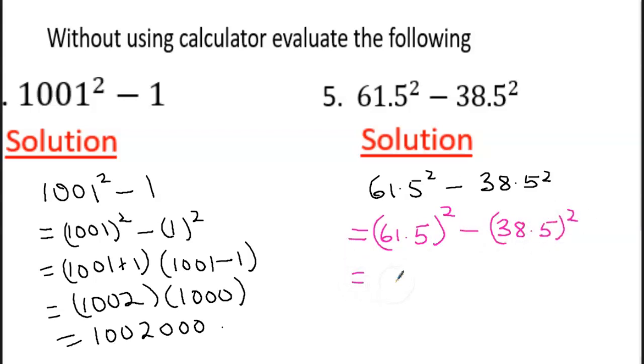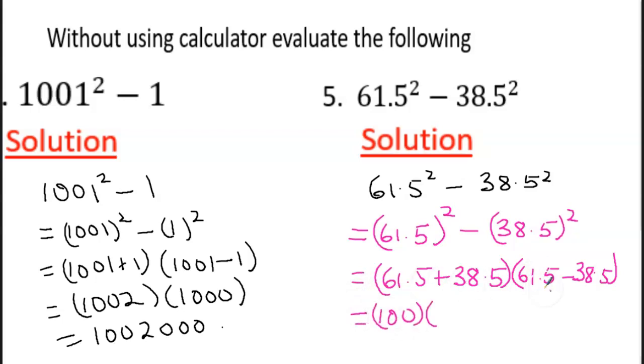And you apply the difference of two squares. 61.5 plus 38.5 in one bracket, in another bracket 61.5 minus 38.5. So at this point you can use the calculator. This gives us 100, and then when you subtract these two, we're going to get 23. At this point you can use the calculator to get 2300.